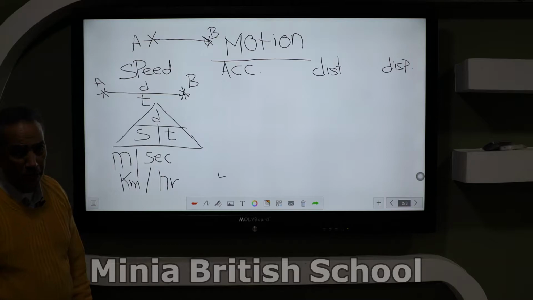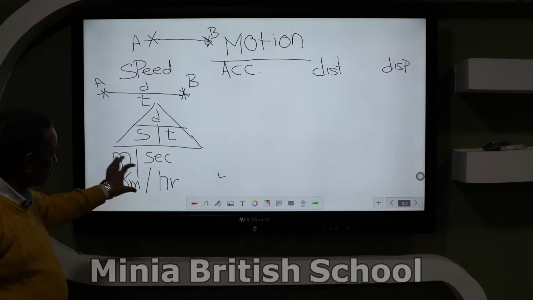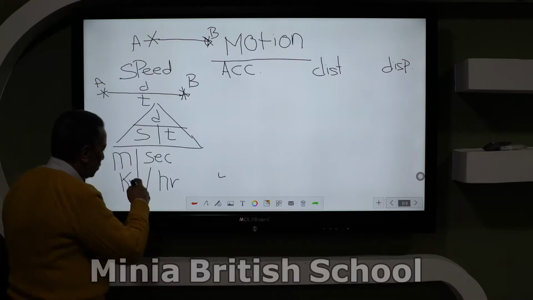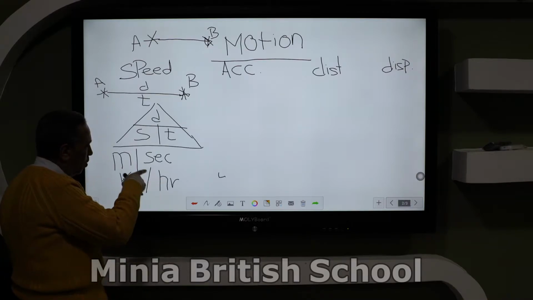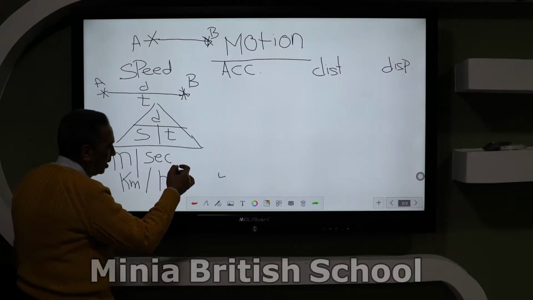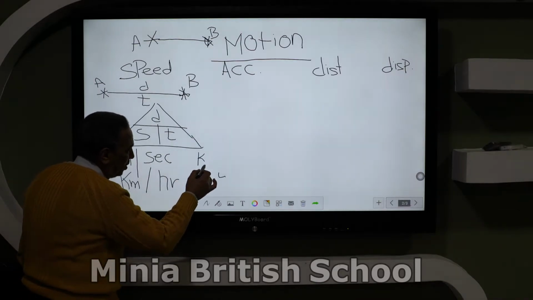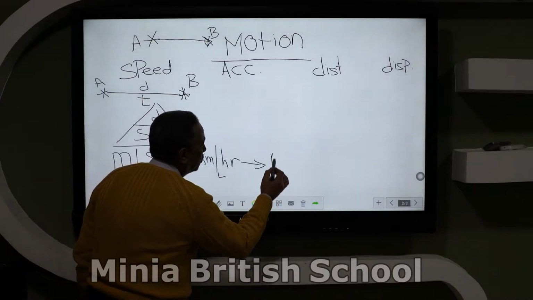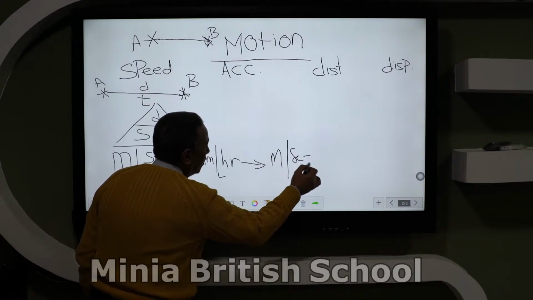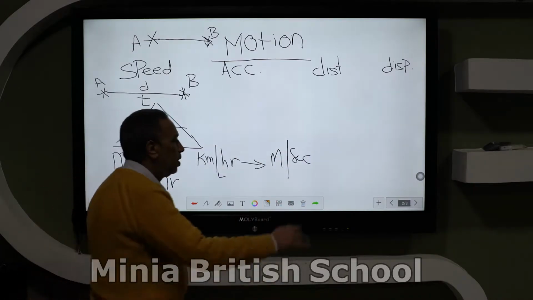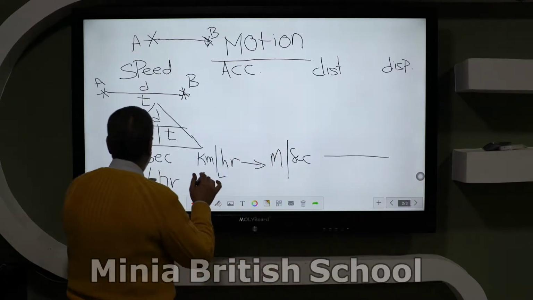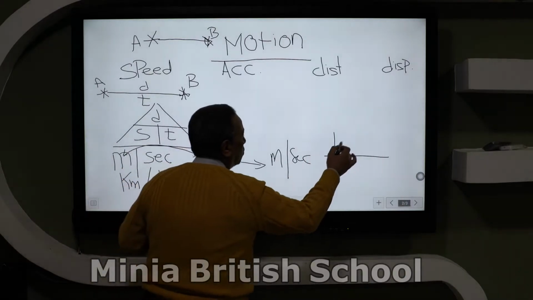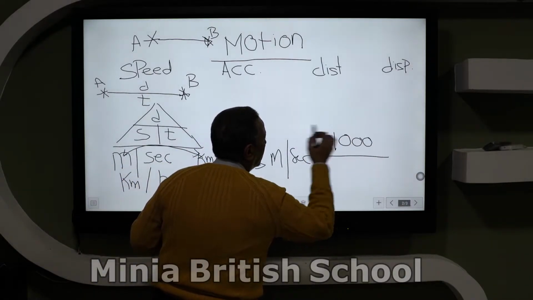If you are going to transfer from one unit to another, don't forget: to change from kilometer per hour into meter per second, you have to multiply. From kilometer to meter, you multiply by 1000, so 1000 will be in the numerator.